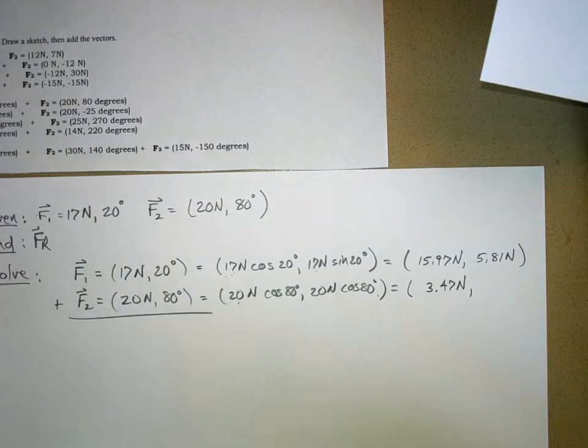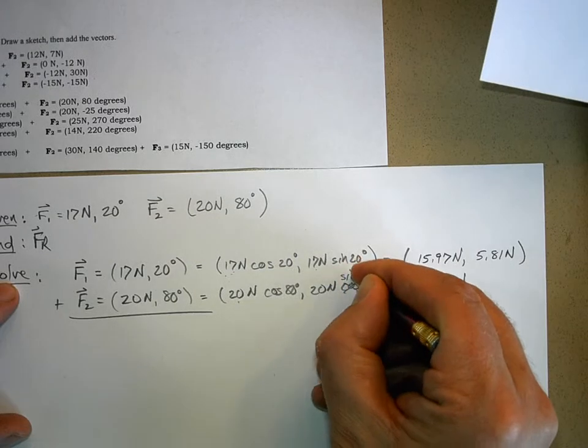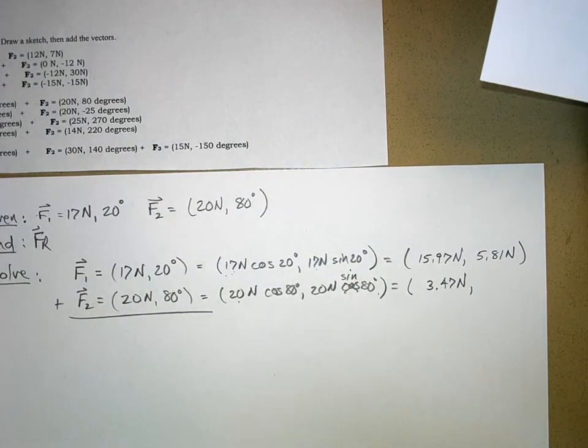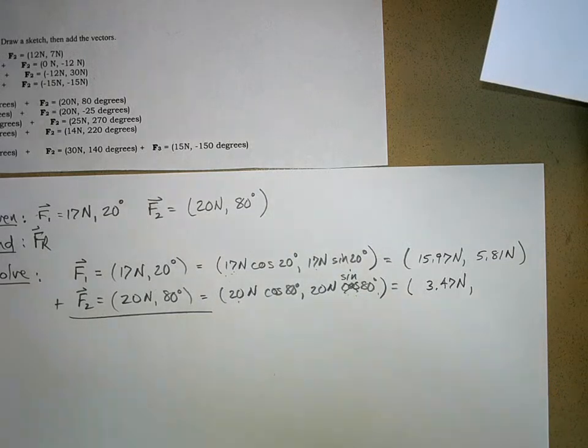And then 20 newtons times the cosine of, oh, I made a mistake here, huh? That should be sine. How come nobody said something? It's a sin not to put sine here in the y component. If I make a mistake, especially if we're recording it, would you guys like to say, Mr. Lake, that should be sine?